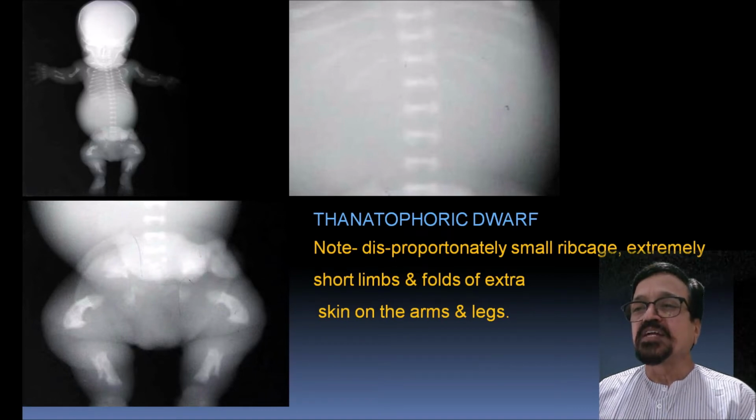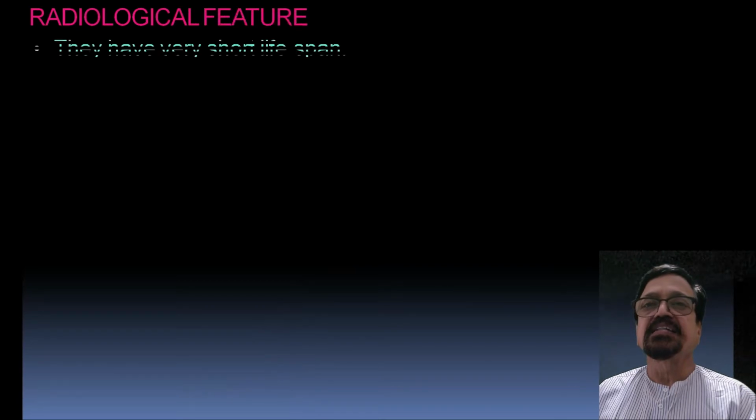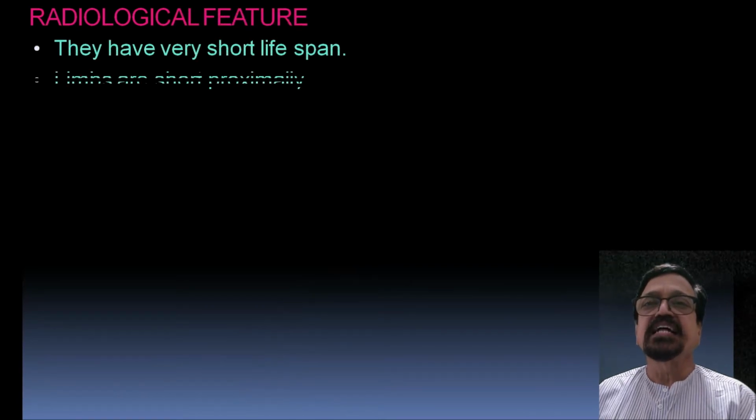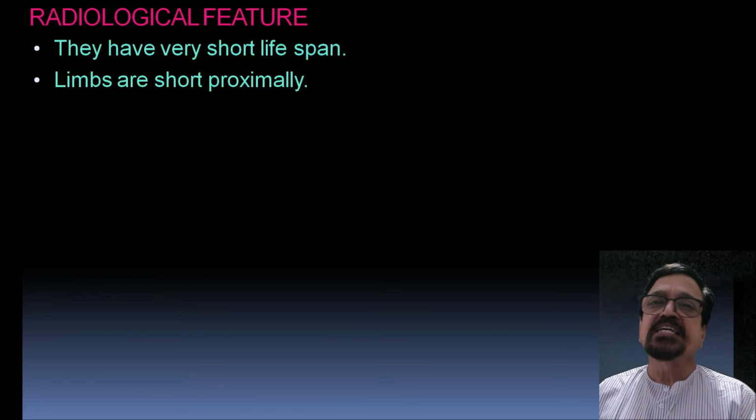This is a thanatophoric dwarf. Note the disproportionately small rib cage and extremely short limbs and folds of extra skin on the arms and legs that can be appreciated. Now, what are the radiological features? These newborns have a very short lifetime.